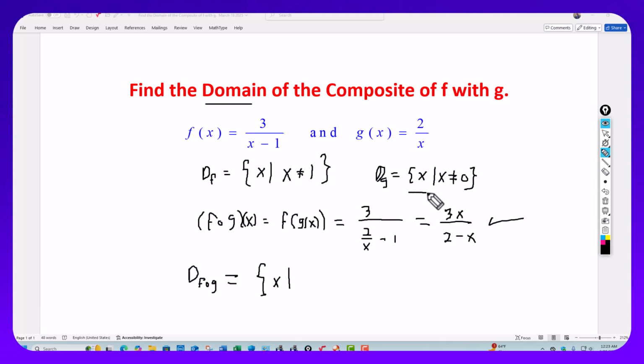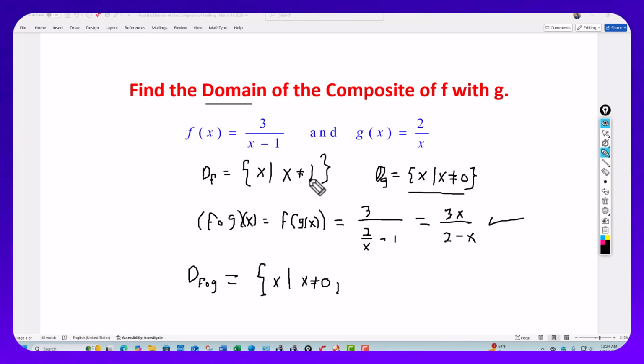So what's the domain of g? Well, everything not including 0. So we can just say, okay, x not equal to 0. So the domain of the composite function is a set of all x in the domain of g. So we know for sure we have to eliminate x equal to 0.